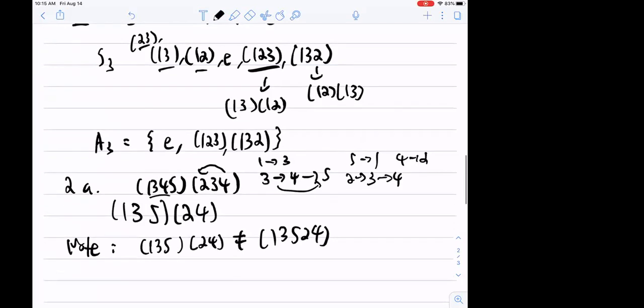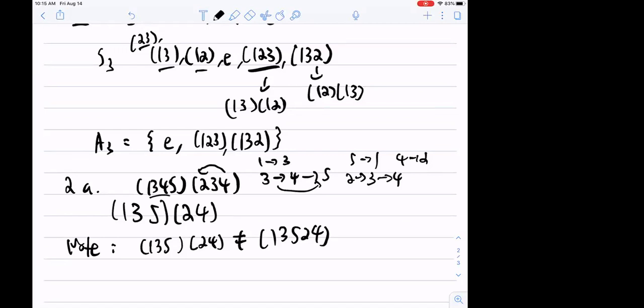Yes. In the second row, you wrote that 3 goes to 4 and 4 goes to 5. Why is it not 3 goes to 4 and then 4 goes to 2, because in the second bracket it is 2, 3, 4?